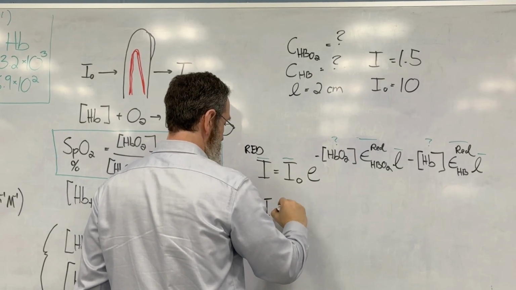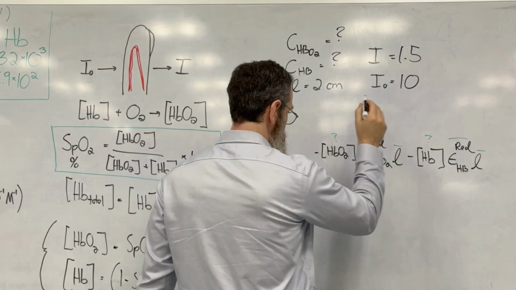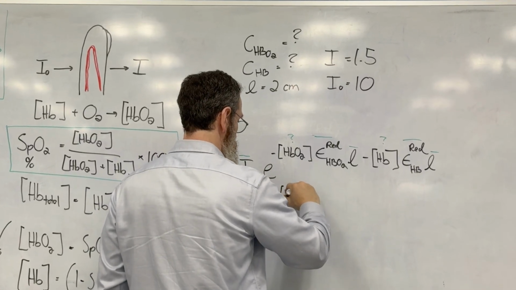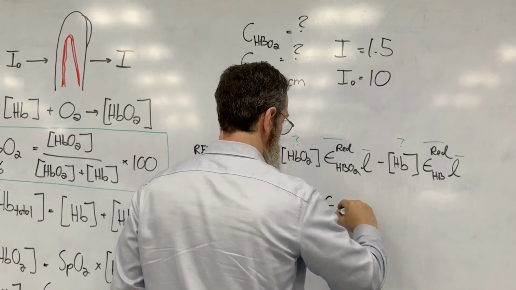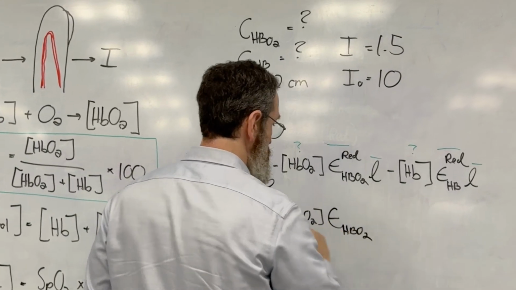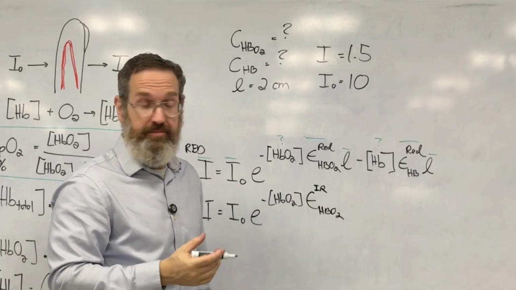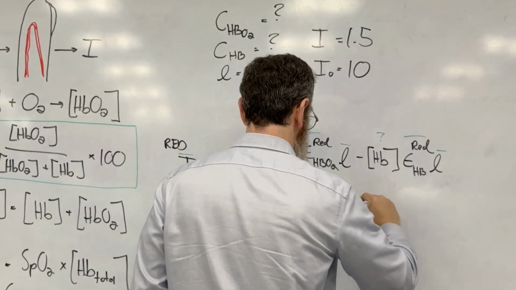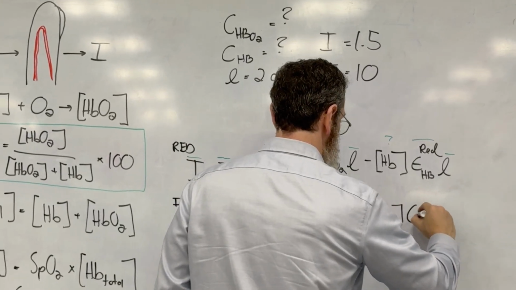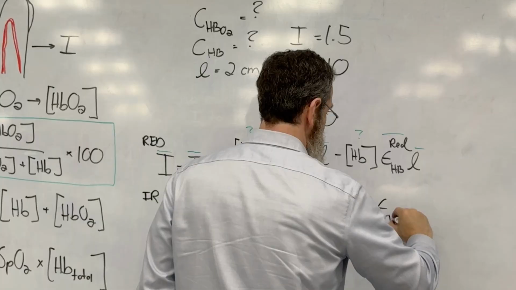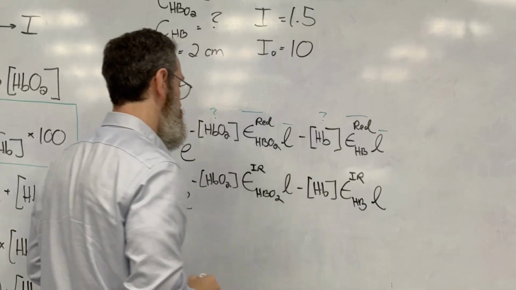And in this case, I would get I is equal to I sub 0 times E to the minus the concentration of HbO2 times the absorption of HbO2 at infrared, a different number but still a number, times the length, minus the concentration of deoxyhemoglobin times the absorption coefficient of deoxyhemoglobin at infrared light times the length.